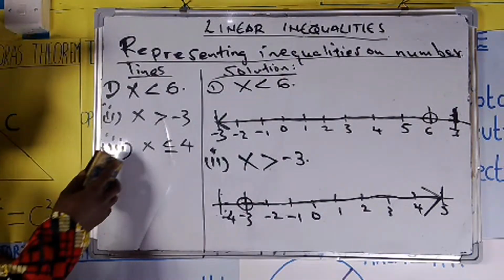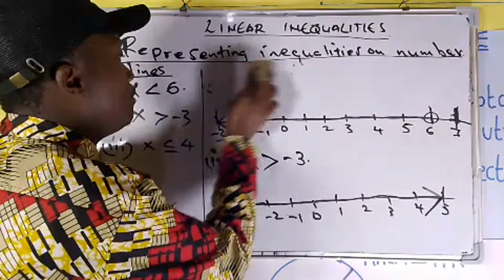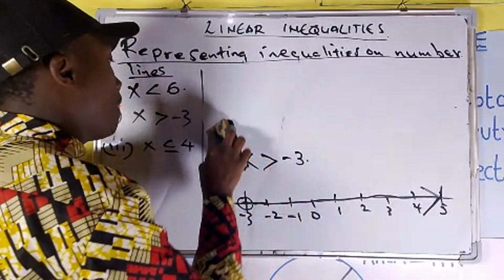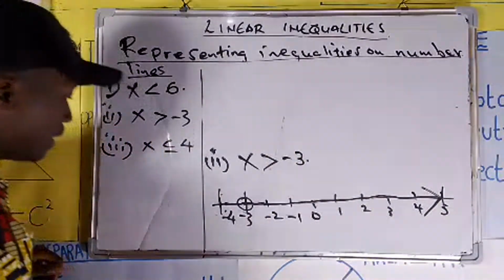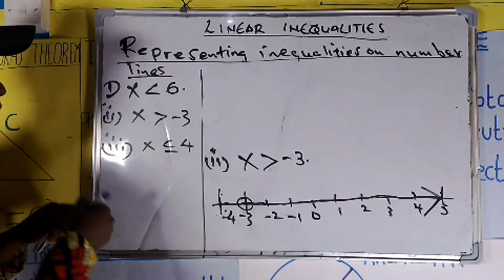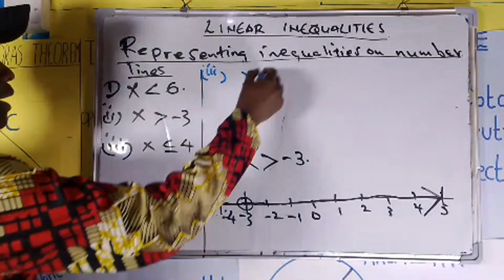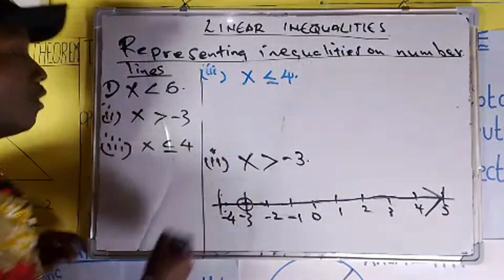Let us represent our last inequality, Roman 3: x is less than or equal to 4.